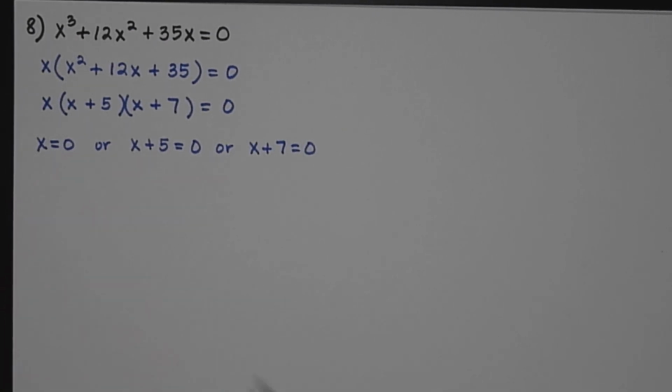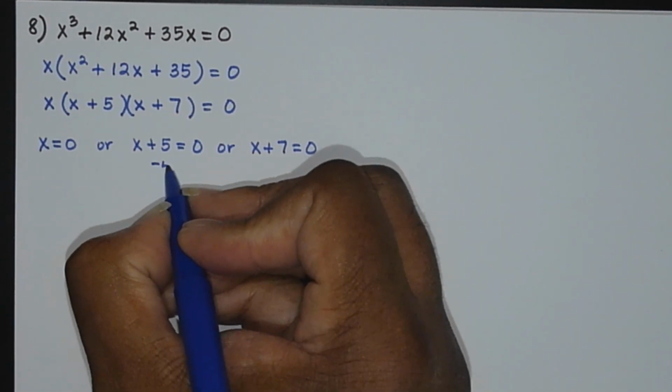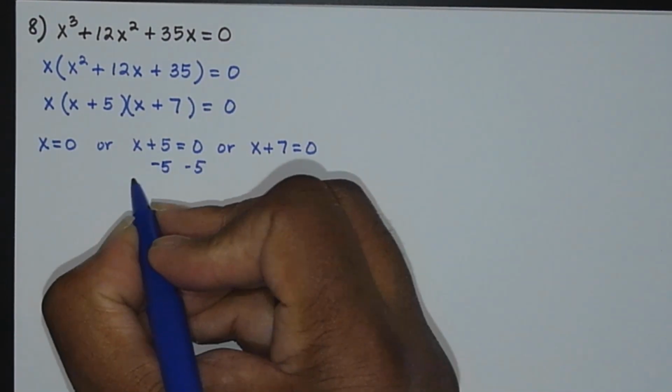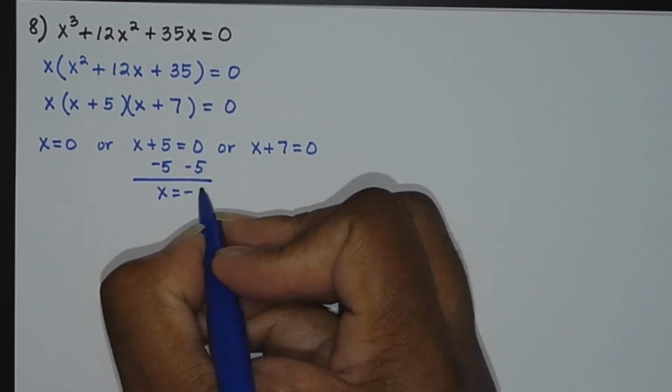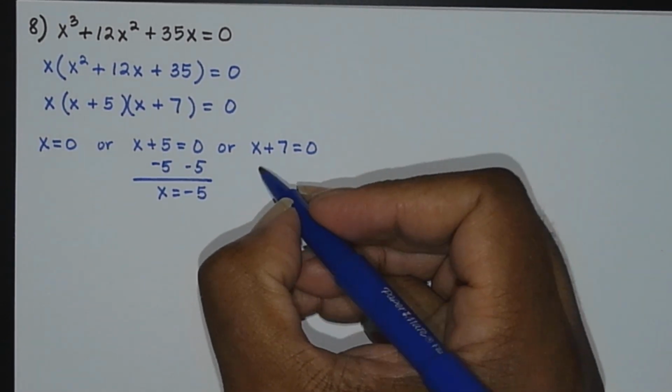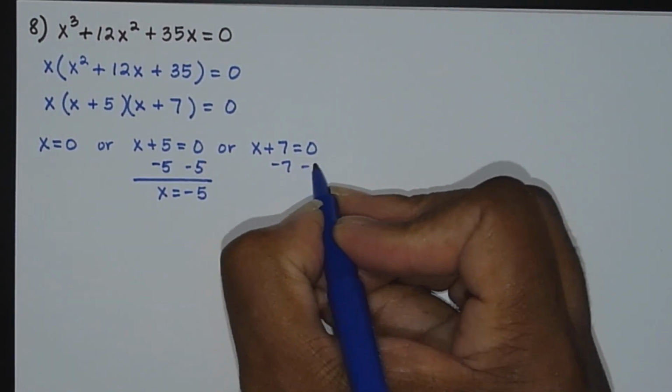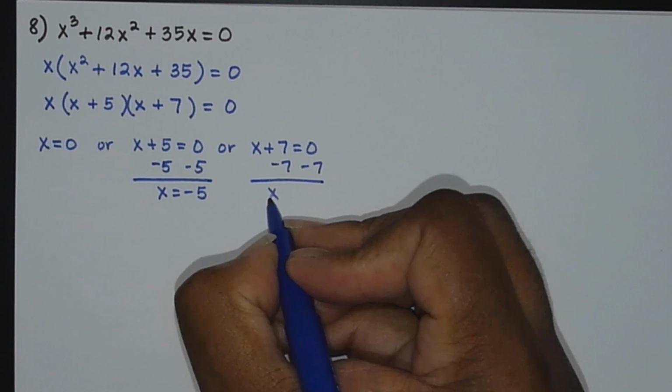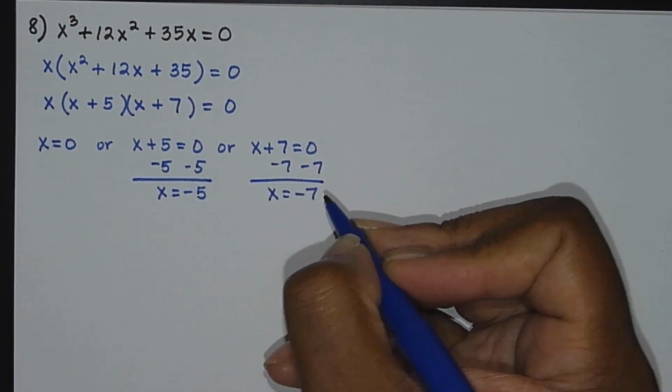But for x plus 5 equal to 0, what would x have to be equal to? Has to be equal to negative 5. And then for the x plus 7 equal to 0, negative 7.